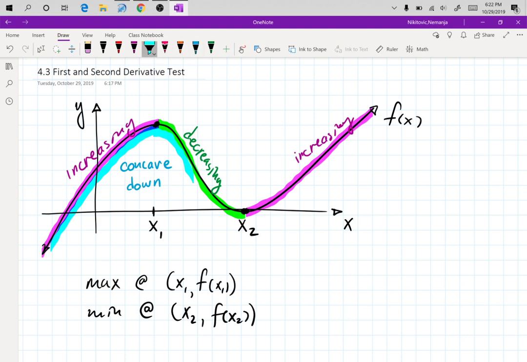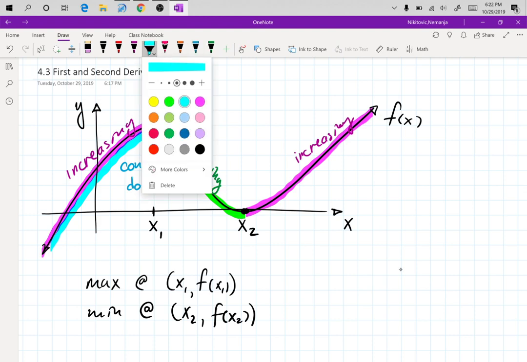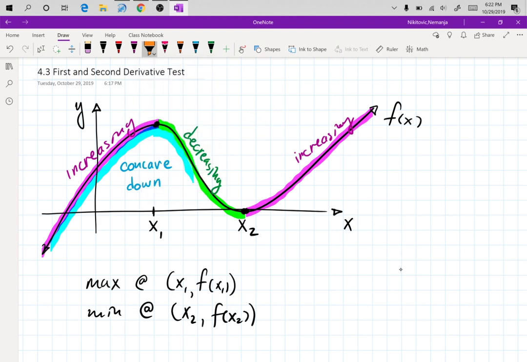And then there will be another one on the other side. Then we're going to have right here orange going all the way up there, and that one is going to be concave up.